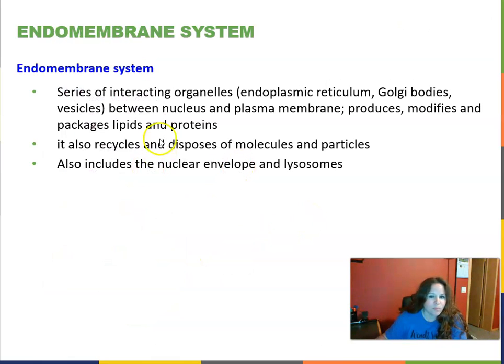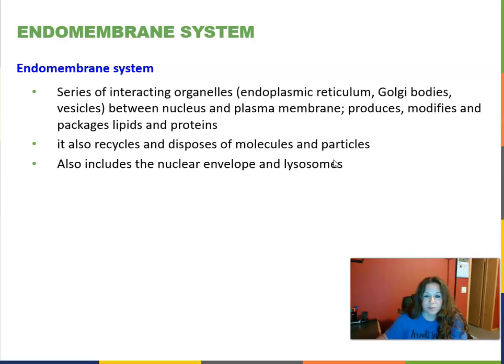The endomembrane system. Endo means inside, so this is the inside the membrane system. These are a bunch of interacting organelles and structures inside the membrane that help to get jobs done. They include different ones that we'll talk about, like the endoplasmic reticulum, or ER for short, and the Golgi bodies and vesicles.